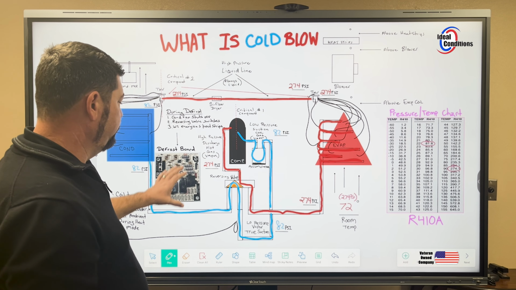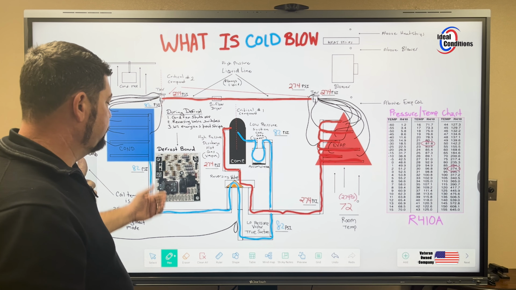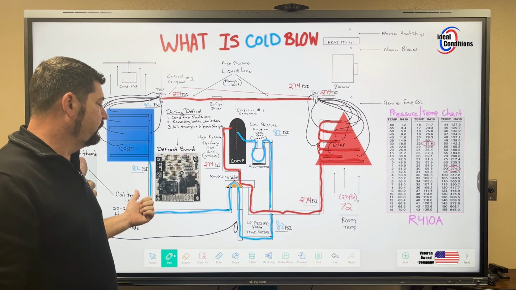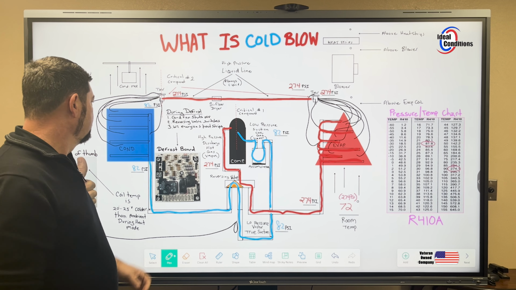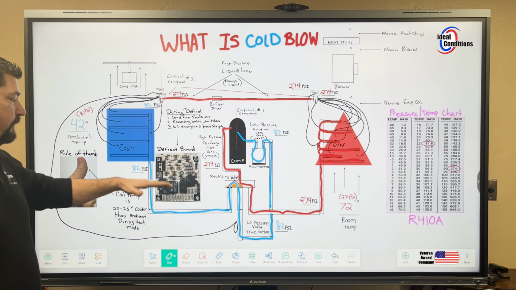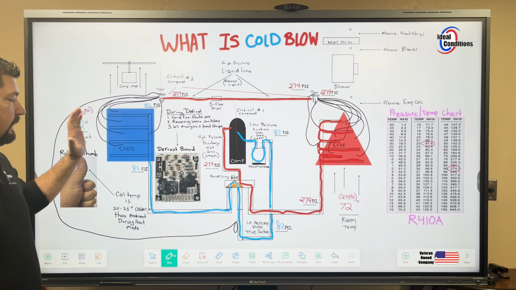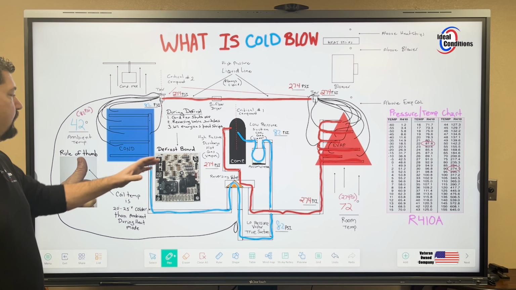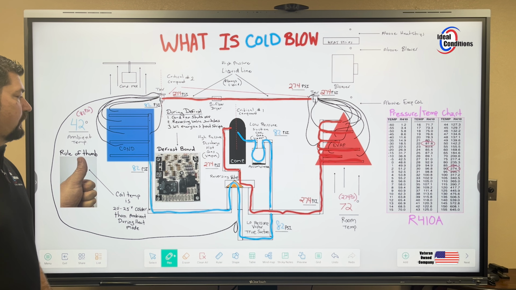What happens is this defrost control board has two features on it. One feature is a timed defrost. The second feature is a forced defrost. So if this is running, say there's a 30, 60, 90, once it hits 30 minutes of runtime, 60 minutes of runtime, or 90 minutes of runtime, this will go into a timed defrost.